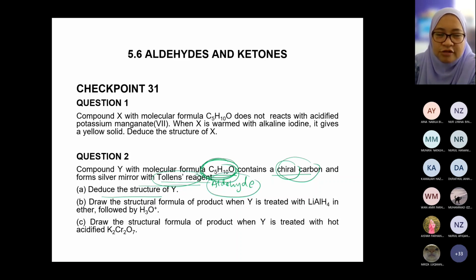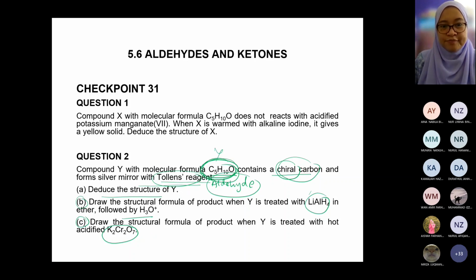So you try to deduce, dapat tak aldehyde yang satisfies all this. And then the rest will be easier. Okay, ini reduction sebab react dengan this one. This one, oxidation. Once you dah tahu apakah Y, the rest will be easier. Okay, alright, cuba buat dulu.